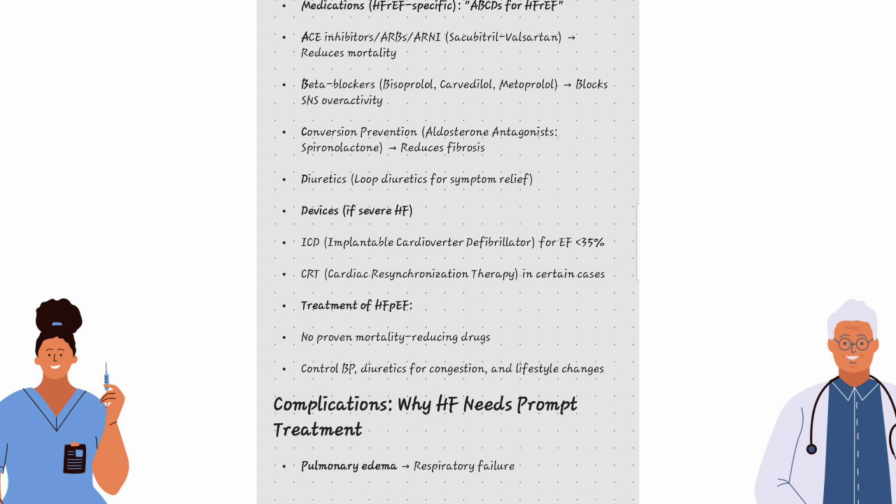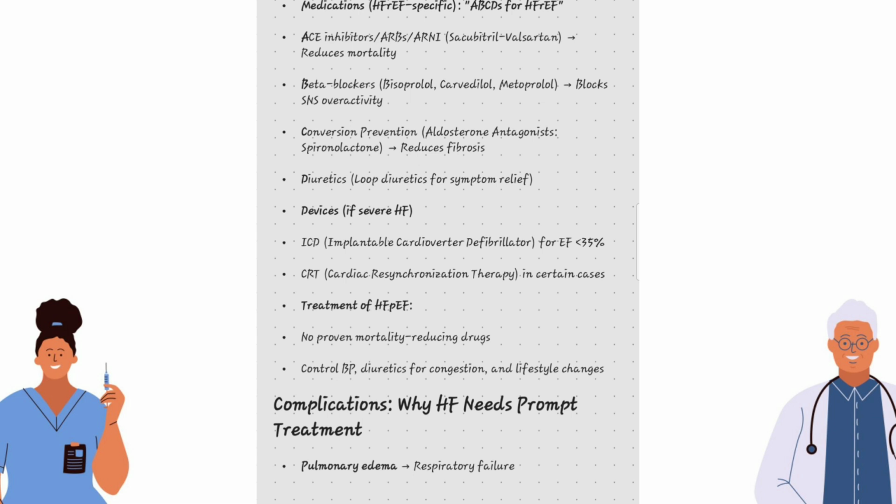And you also have to use a diuretic. And then if it's severe, you might also have to use an ICD or a CRT. A CRT is basically a machine that helps to resynchronize the heart, like you're trying to adjust the ejection fraction, so it also helps with that.